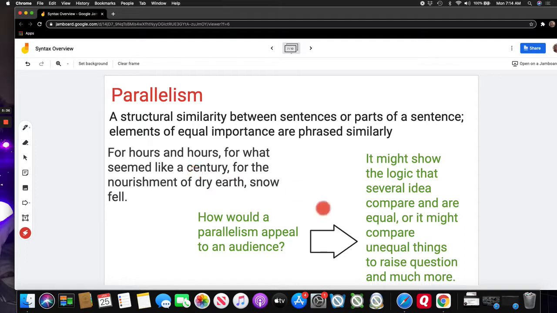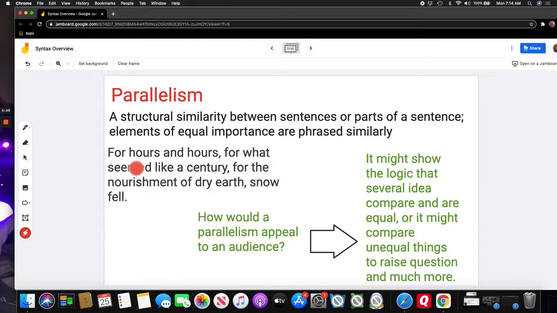And that might appeal by giving equal weight to things, comparing them, showing they're the same, there's something logical there. Or it might compare unequal things and raise a question. So I have these things in parallel structure. They're put together the same, but they aren't the same. And so then I start asking a question and thinking through that logic.